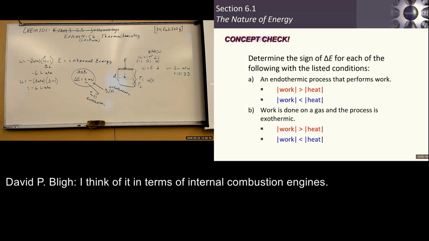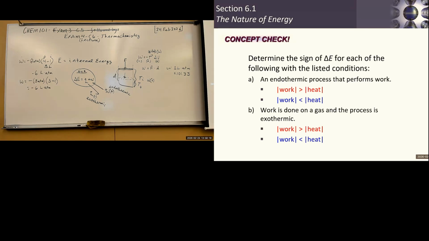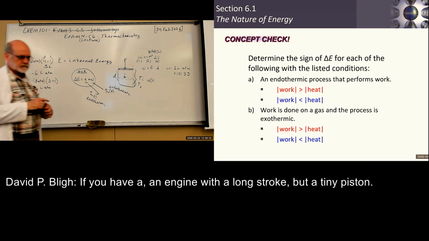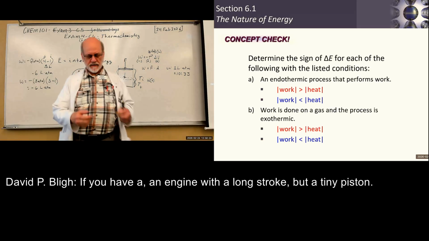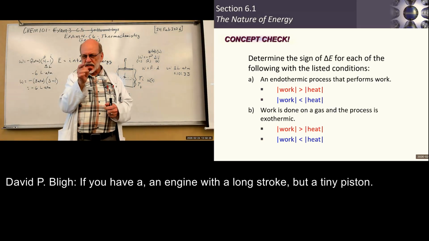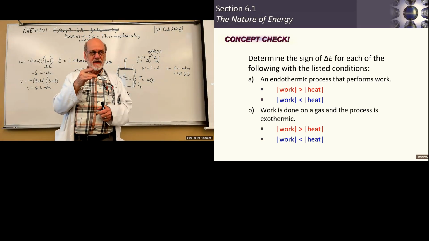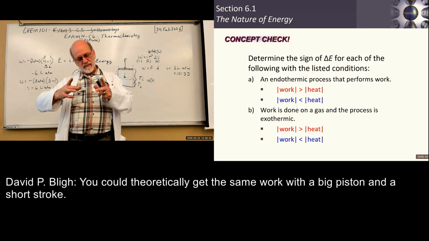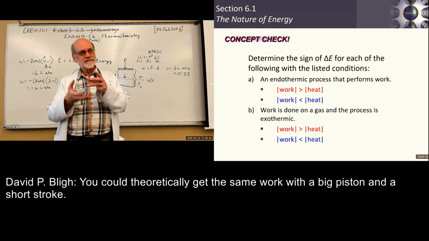I think of it in terms of internal combustion engines. If you have an engine with a long stroke but a tiny piston, you could theoretically get the same work with a big piston and a short stroke.